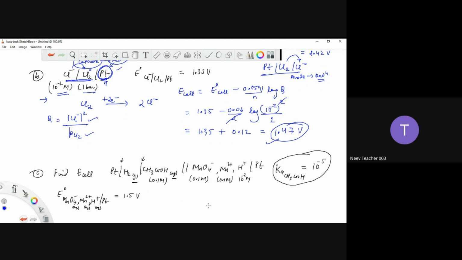Now this is a complete cell. So you have an anode and a cathode. You need to write both the reactions, then write the final reaction, and accordingly calculate the EMF of the cell. Am I clear?